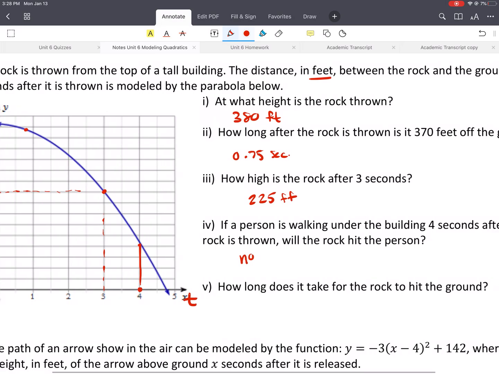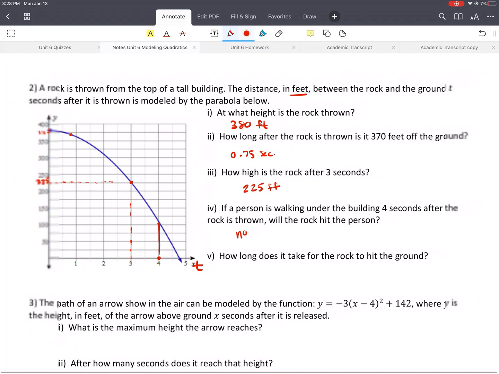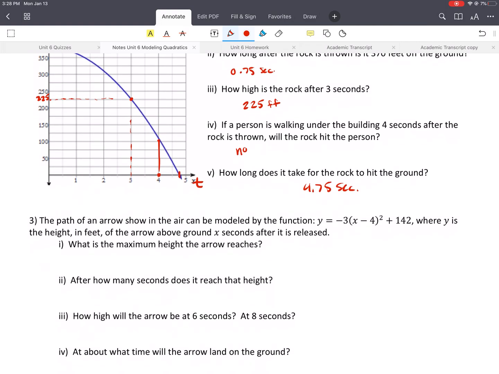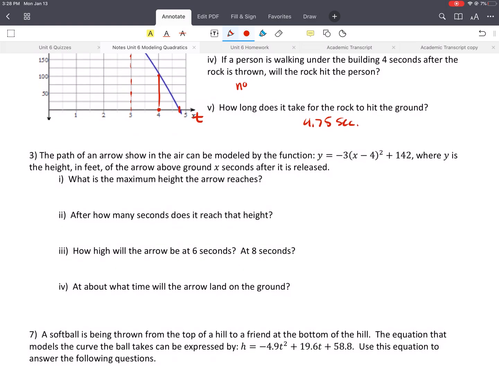Okay? And how long does it take for the rock to hit the ground? Right, and that's where we are here. I'd probably say maybe 4.75 seconds. Okay? So a lot of these are just estimates. Like I said, when we do problems where it's an equation, we'll find exact answers, okay?